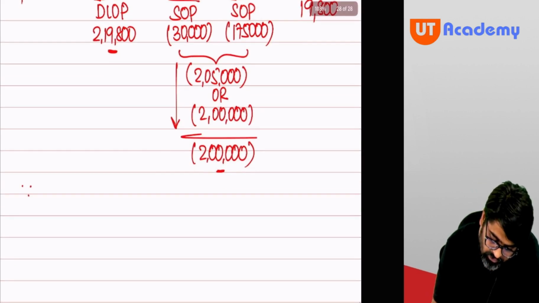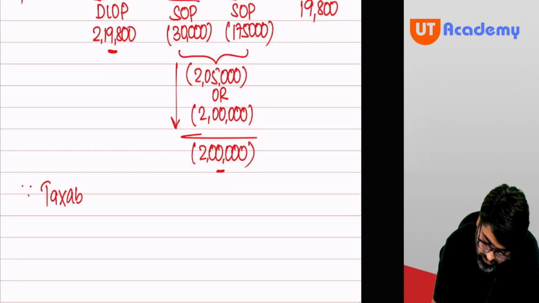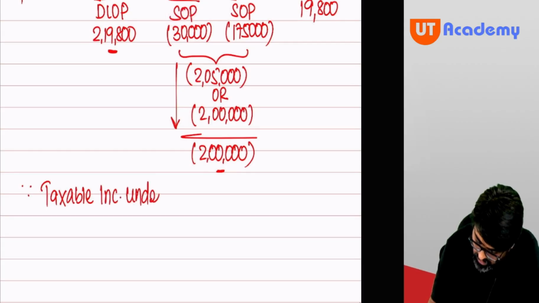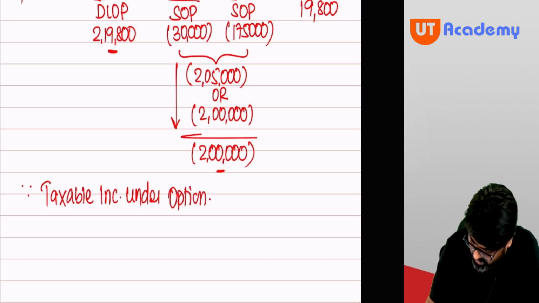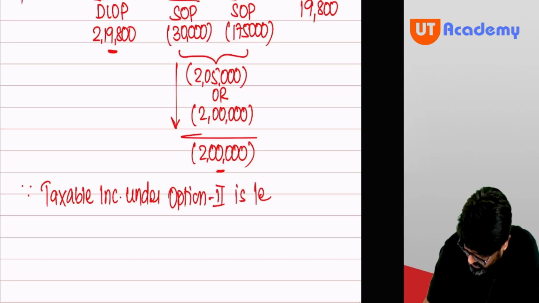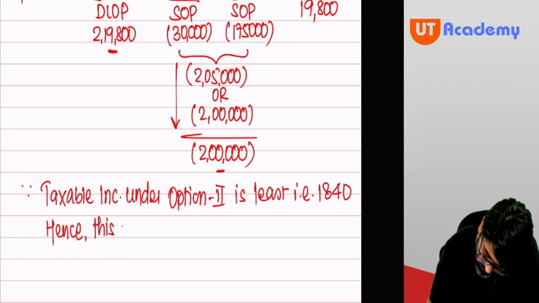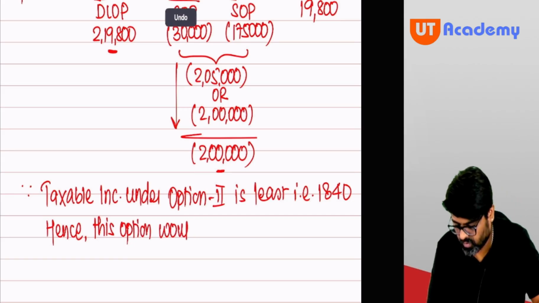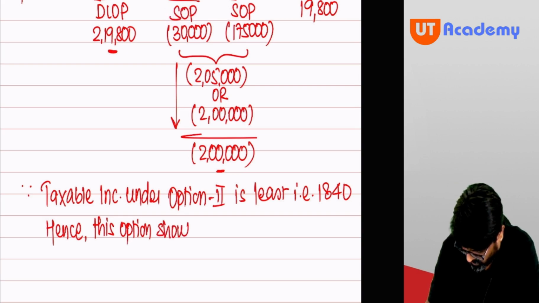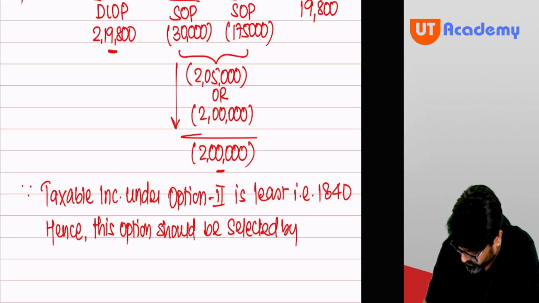So you will write, since taxable income under option 2 is least, that is 1840, hence this option should be selected by whom?